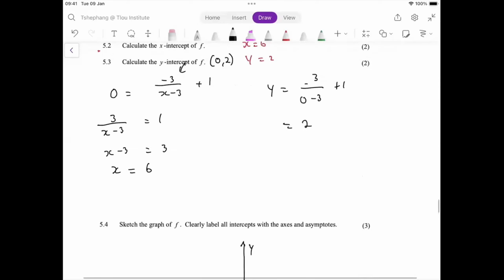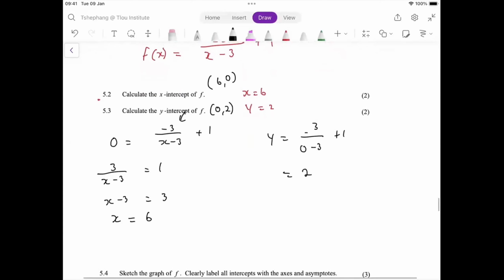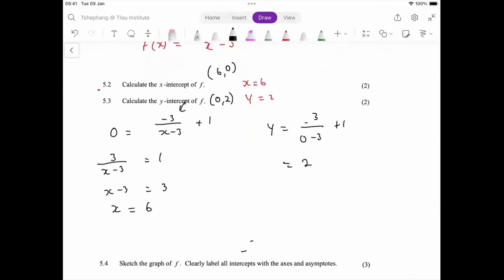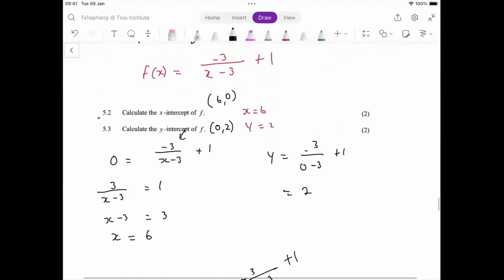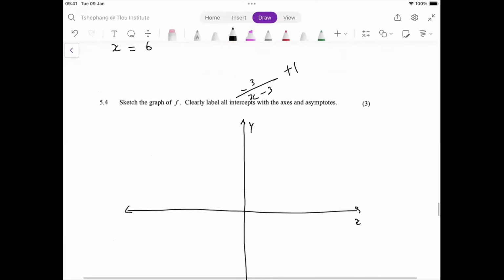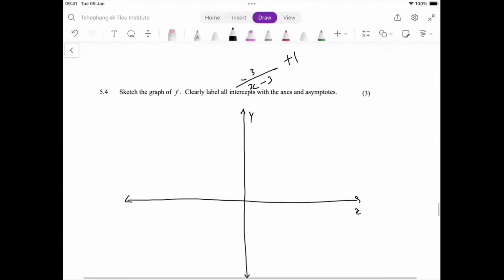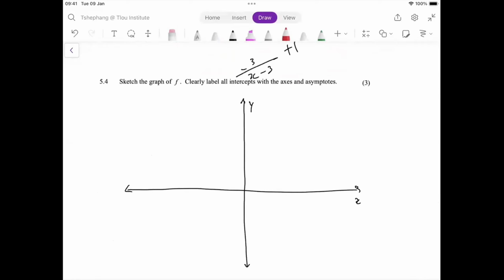Now for my asymptotes, the equation was negative 3 over x minus 3, and then there was a plus 1. So I know I'm going to have an asymptote here, and this value is going to be 3. And then the other one is positive 1, so it's going to be somewhere here.